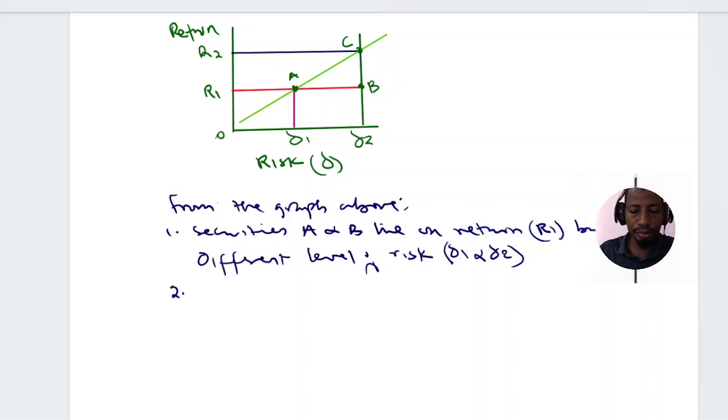Point 2. Between security A and B, if you are to select, which one will you select? Remember, security A and B are on the same level of return, but different levels of risk.